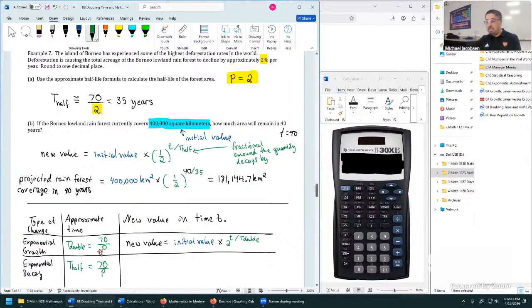So once we have the approximate doubling time, let me put a little approximation symbol there just to emphasize those are approximations. Once we have that approximate doubling time, this is our formula.